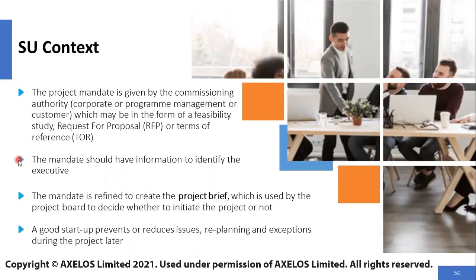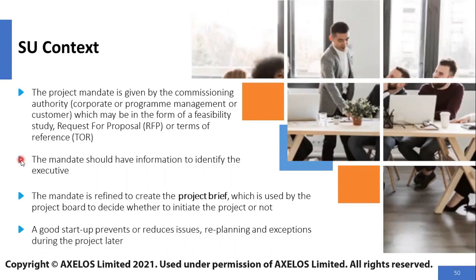This mandate should have information to identify the executive, meaning while the mandate may mention a certain opportunity or a challenge faced by the organization, such as lack of revenues or lack of profit or a risk of going bankrupt if revenues are not increased, to minimum, the mandate should have some information to identify the executive.